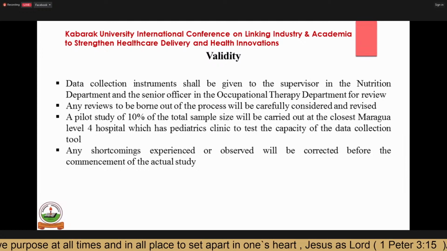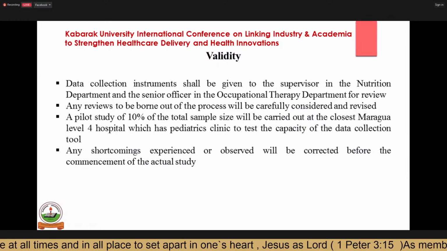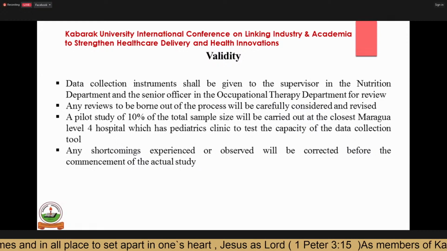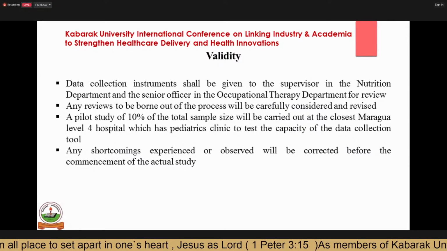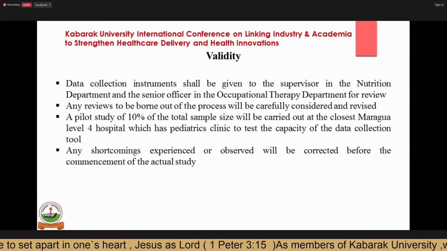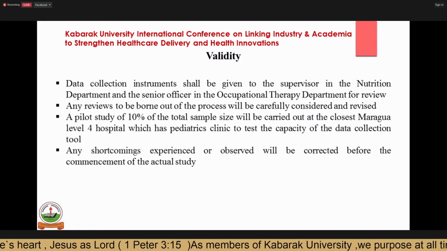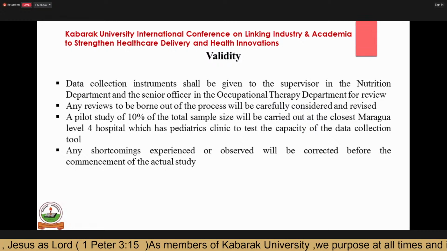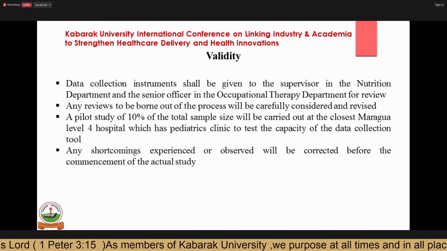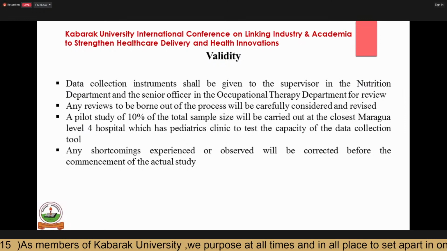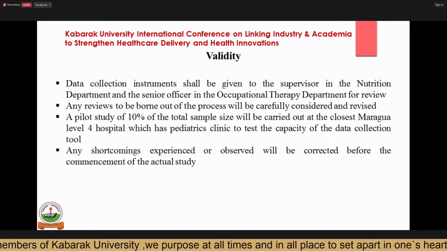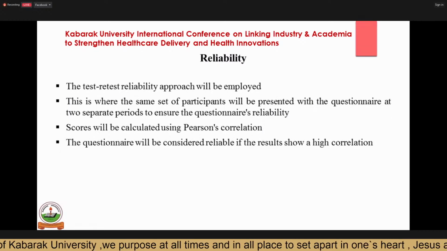I also plan to do a pilot study, 10% of the sample size at the Marawa level, which has a pediatric clinic also, to determine the data collection tools and shortcomings to be observed before the actual study.